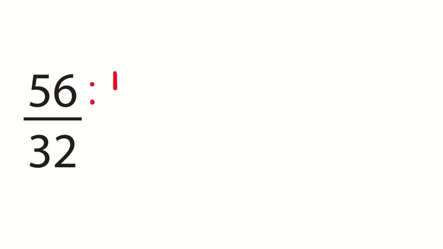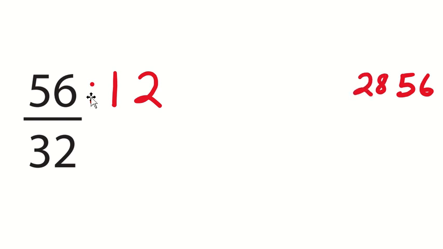So we have 1 times 56 is 56. The question is, will 2 go into 56? And that will go into 56. 2 times 28 is indeed 56. Will 3 go into 56? No. Will 4 go into 56?